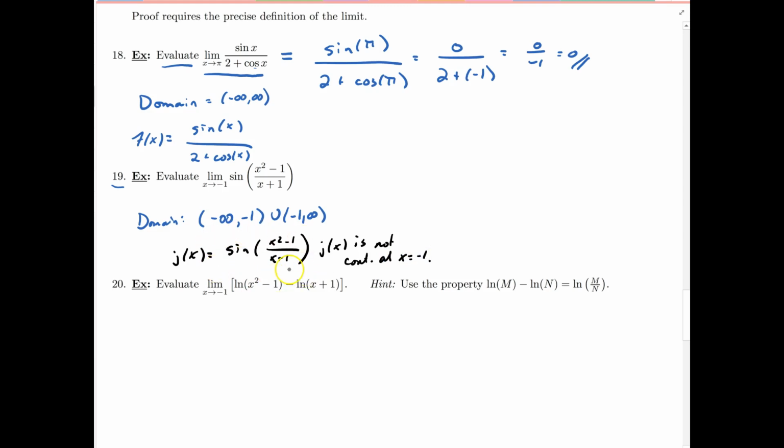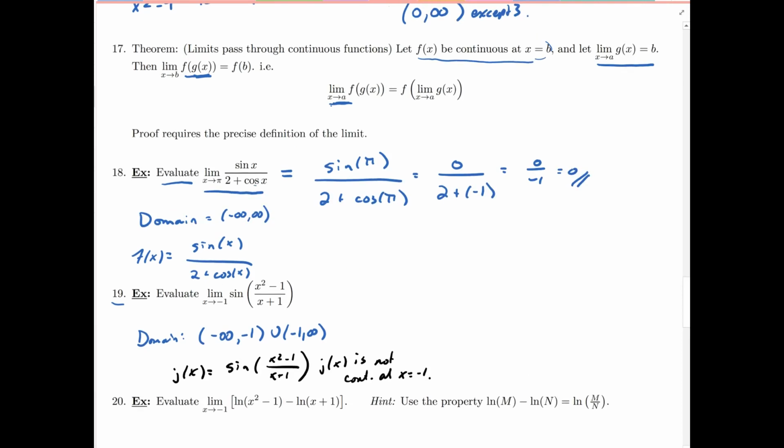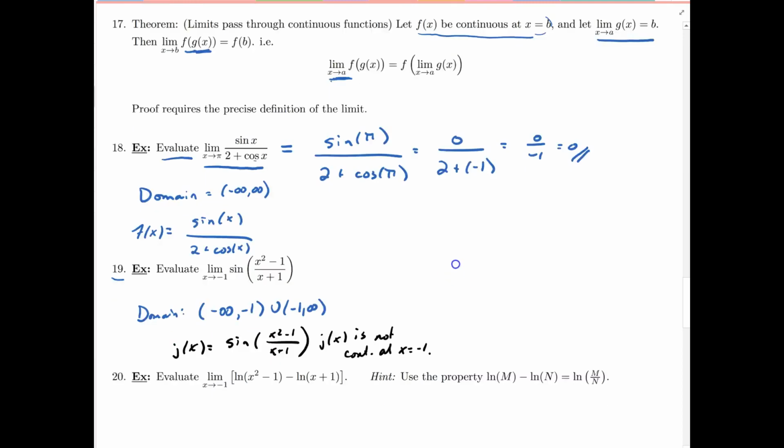This entire function is not continuous at x equals negative 1. But what do we know about the sine function? I'm not talking about all of j of x, I'm just talking about the sine function. We know the sine function, it's a trig function, and it's continuous everywhere it's defined, and sine is defined at negative 1. So I'm using specifically theorem 17 here that says that limits pass through continuous functions.